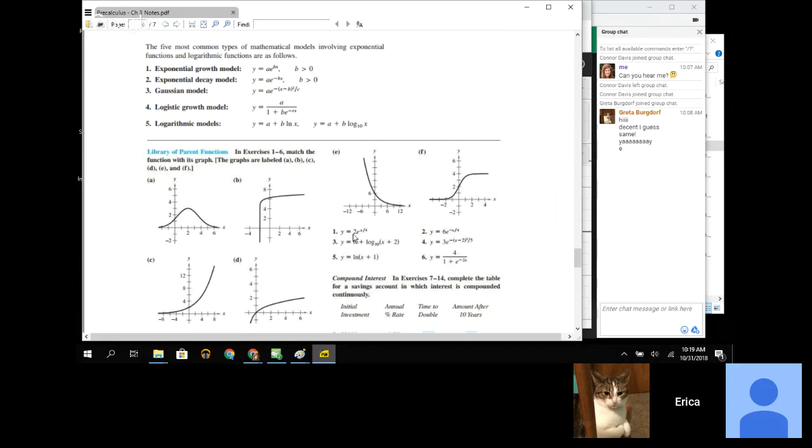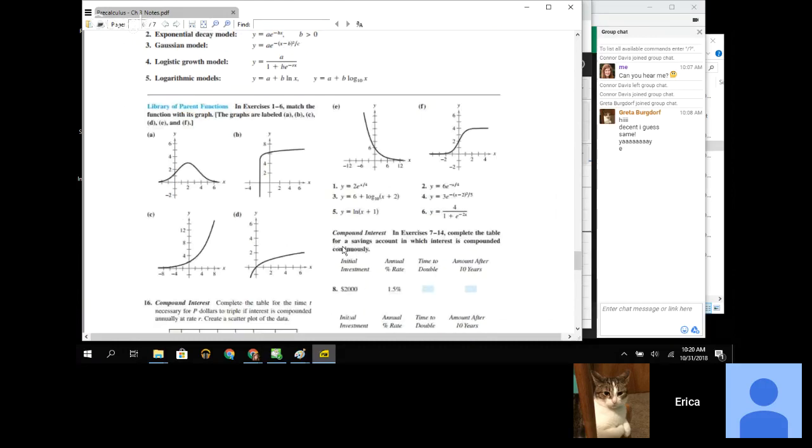You can type them in and see what they look like, or go by the equations. Just note that exponential growth has a positive exponent, and exponential decay has a negative exponent. So the negative in the exponent means decay.